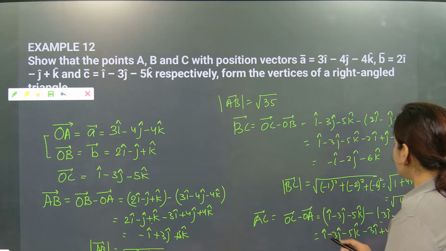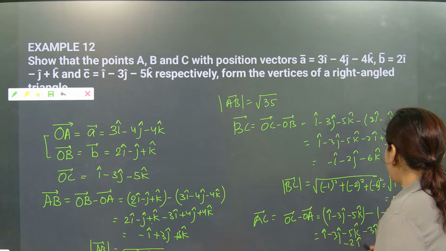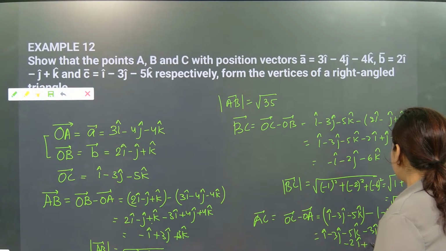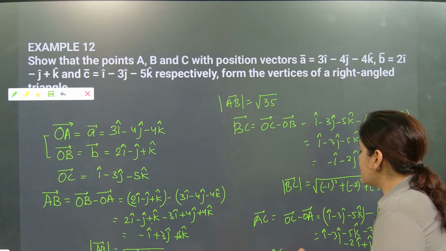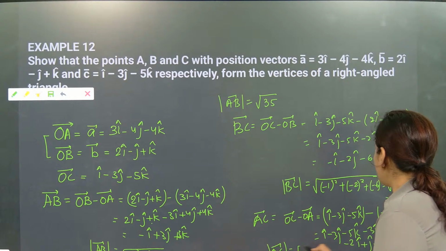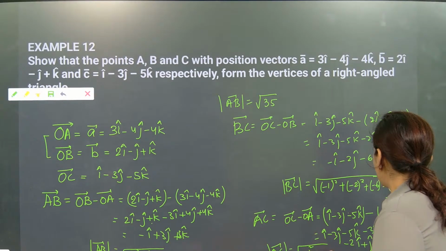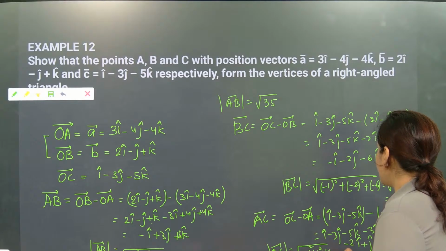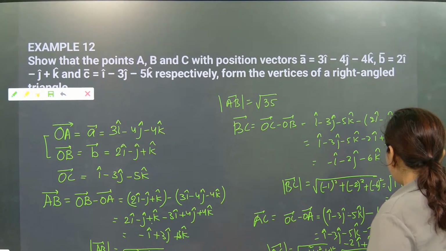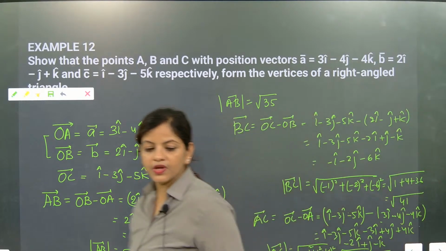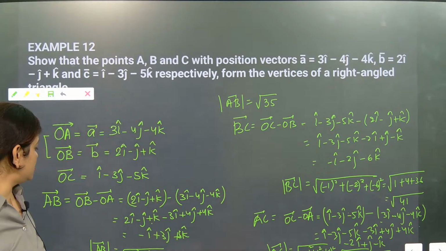So i minus 3i is minus 2i, plus j, and minus k. Magnitude wise, it is minus 2 square plus 1 square plus minus 1 square, so 4 plus 1 plus 1, which is root under 6. So beta, we got all three values.